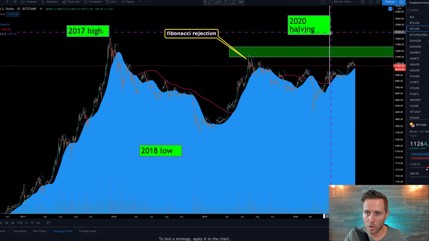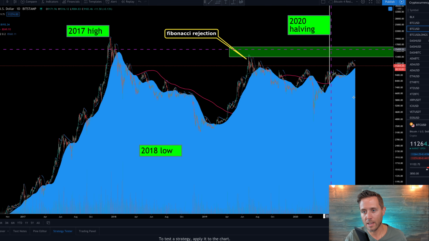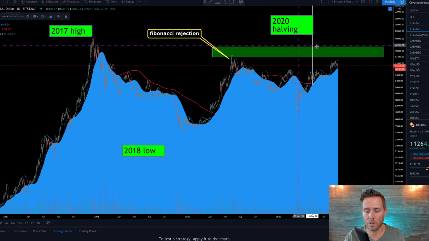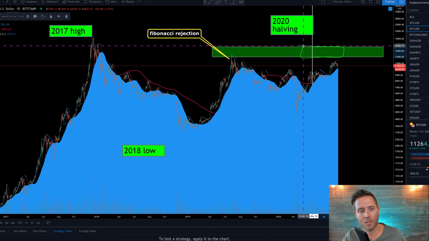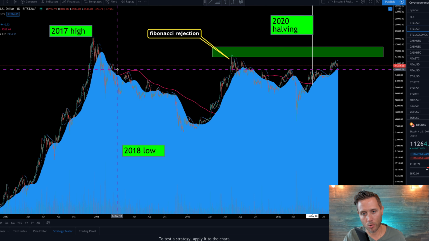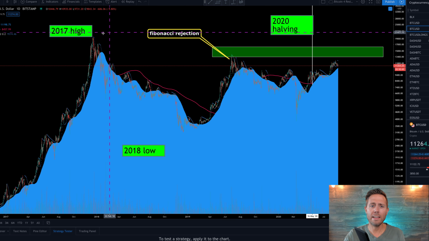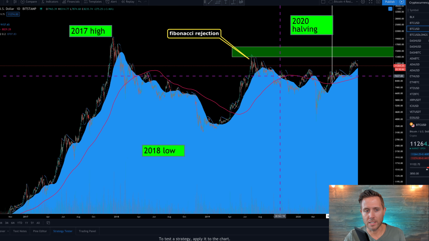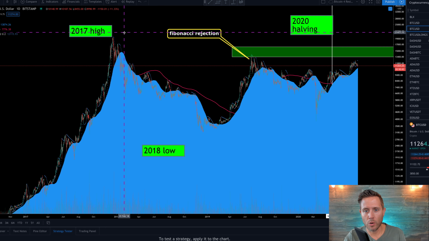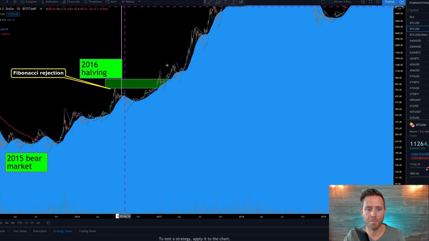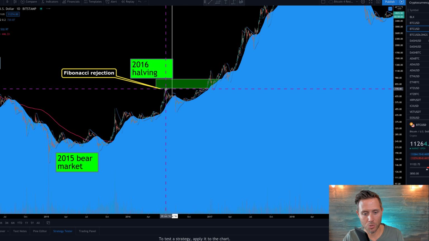The 2020 halving, Bitcoin currently above the 50-day moving average. Here is this Fibonacci retracement right around $16,000 to $13,000, the bull market doors, with Bitcoin potentially getting ready to enter that area. One thing I want to note: when Bitcoin tested that Fibonacci bull market doors for the first time last summer, a very similar thing happened prior to the last halving in 2016.